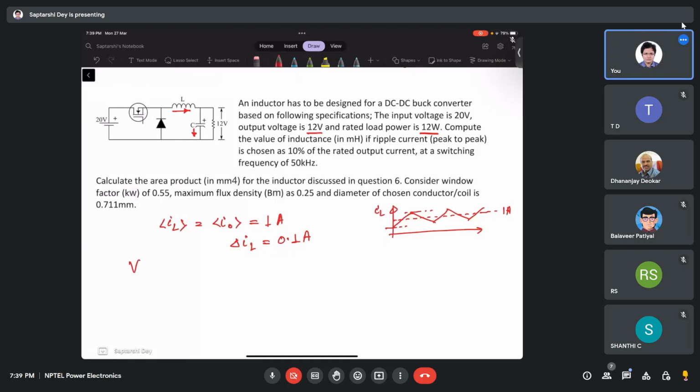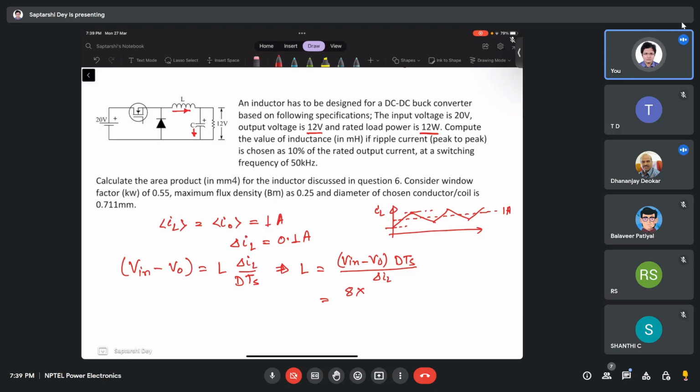Now we have, say, when the switch is turned on, then the inductor voltage V in minus V out equals L delta IL by DTS. So from here we can find out L: V in minus V out times DTS by delta IL. V in minus V out is 8.